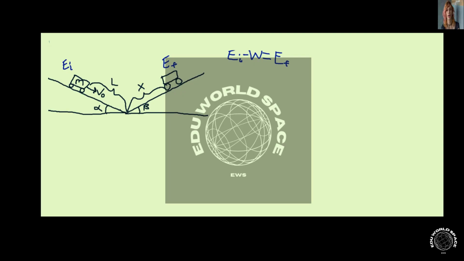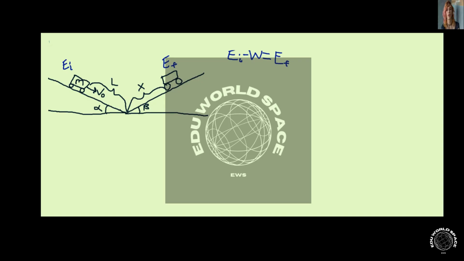So the first thing is we need to break down our energy terms. The total initial energy is composed of two things: the kinetic energy of the truck that's moving and the potential energy. In this case, the only source of potential energy in the system is gravity, so we have gravitational potential energy. We know from the textbook what the kinetic energy terms are.